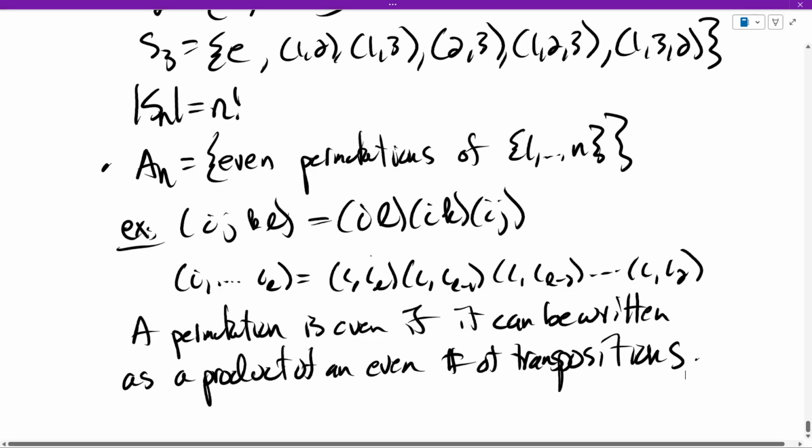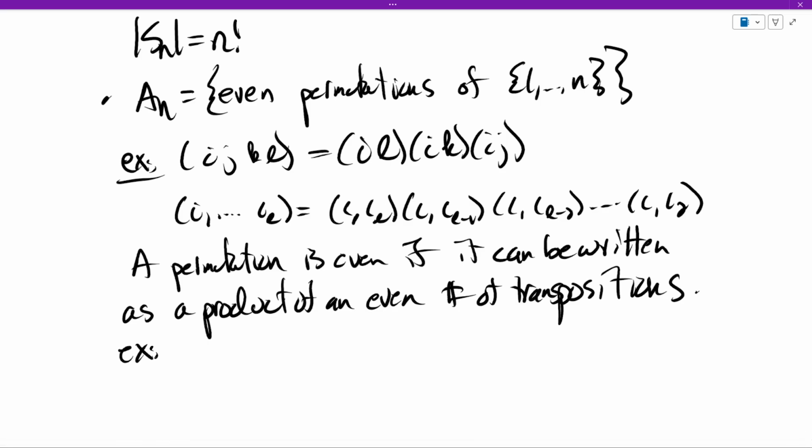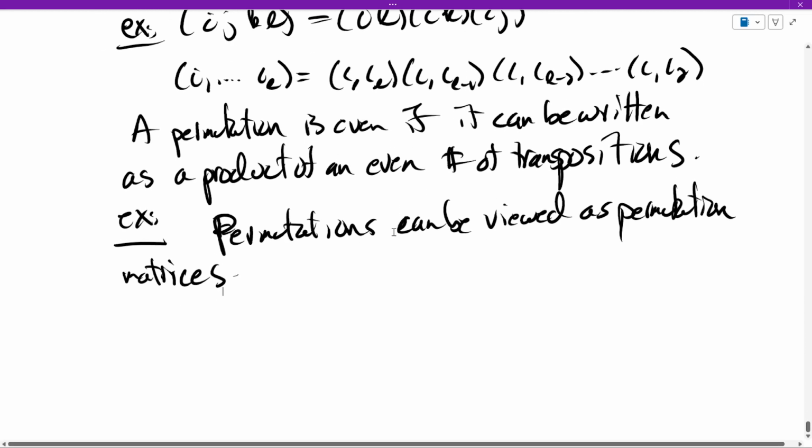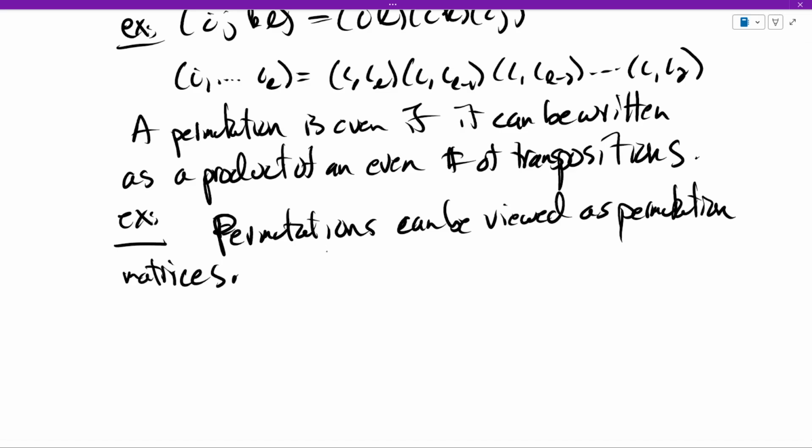Now, said slightly differently, another way of viewing what an even permutation is: we saw that permutations can really be thought of as permutation matrices. And as permutation matrices, this can be an n by n matrix.